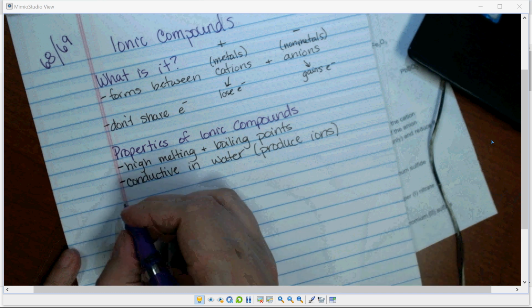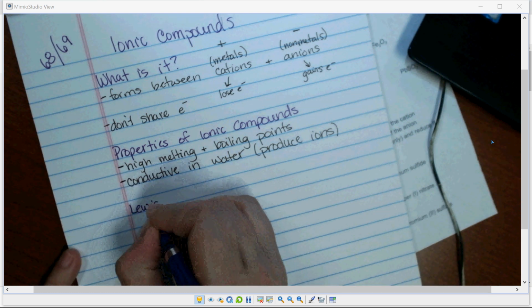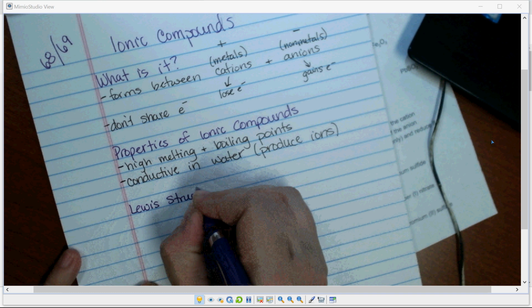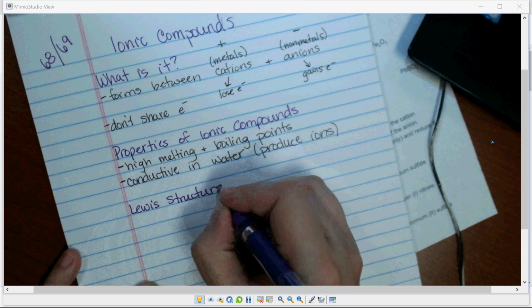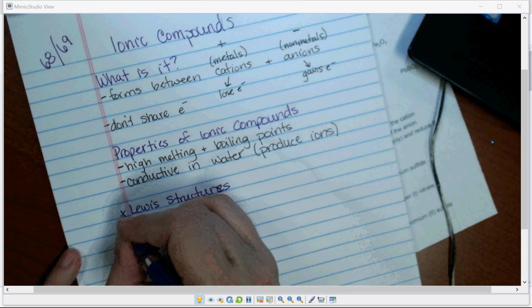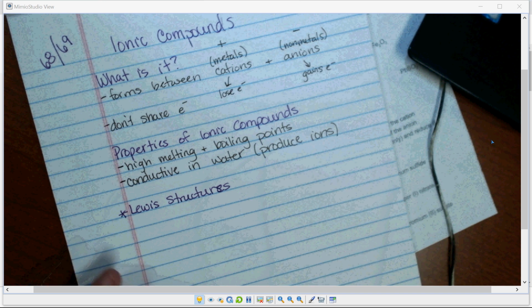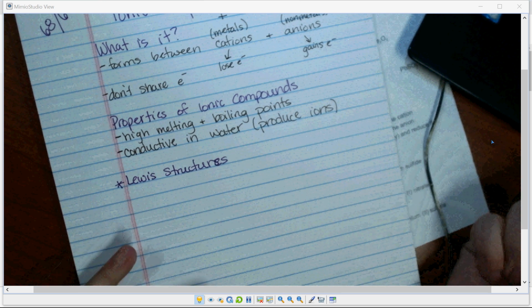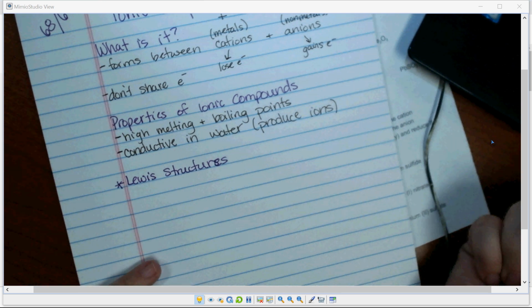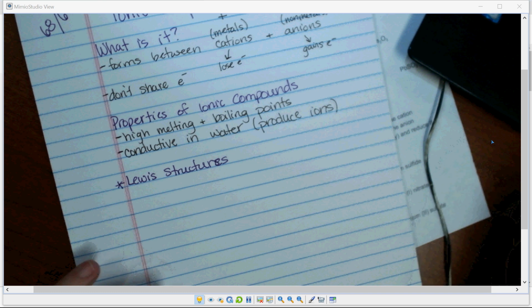So the next thing we need to talk about are Lewis structures. And how do you draw Lewis structures for ionic compounds? Because we did lots of practice with covalent compounds and showing how the electrons are shared between two atoms. But what happens when you have two atoms where one of them completely removes the electrons from the other?